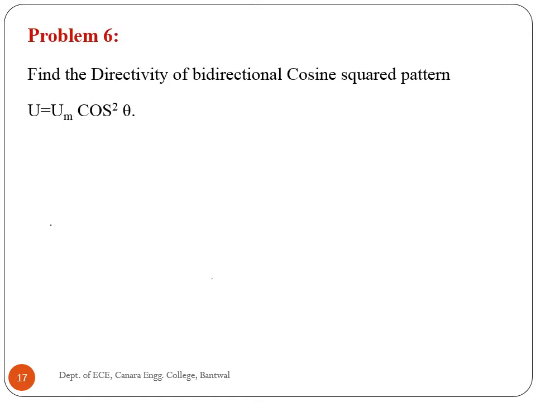Find the directivity of bidirectional cosine squared pattern. Radiated power is equal to the integral of U d omega. U is the given pattern, that is Um cos square theta.